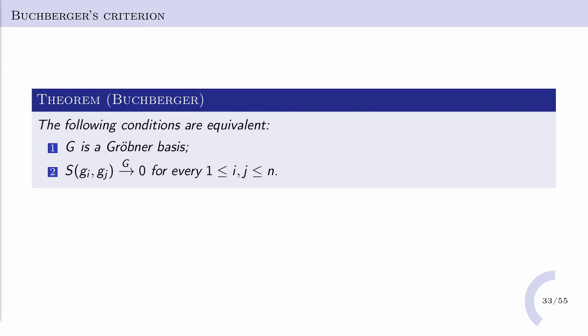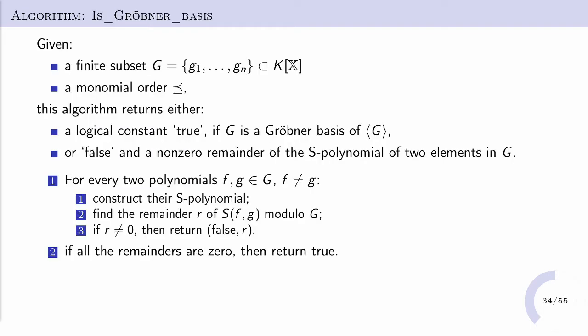The first algorithm, again due to Bruno Buchberger, checks whether a set is a Gröbner basis. As an input, we have a finite set of polynomials and some monomial order. And as a result, we return either true when G is a Gröbner basis, or false if it is not a Gröbner basis.